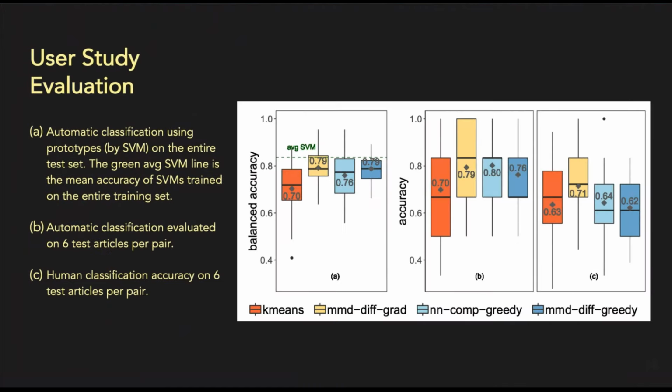These are the results. So the first one, A, has the balanced accuracy. So balanced accuracy is basically the macro average, I believe. So they calculate the accuracy for each class and then they average it.